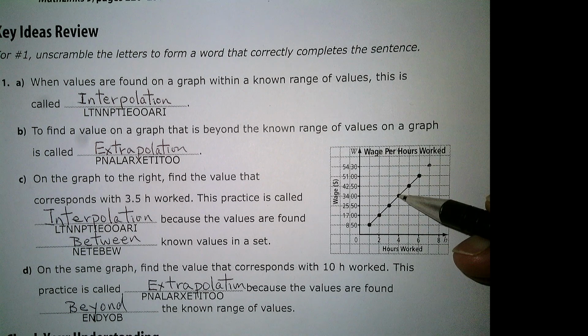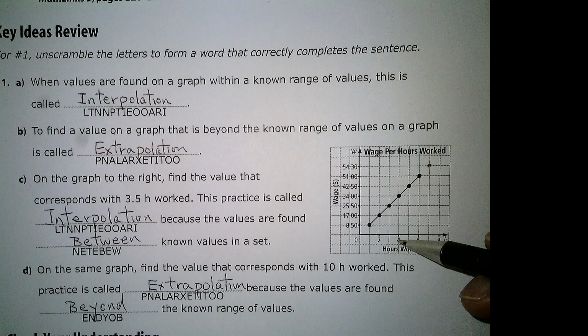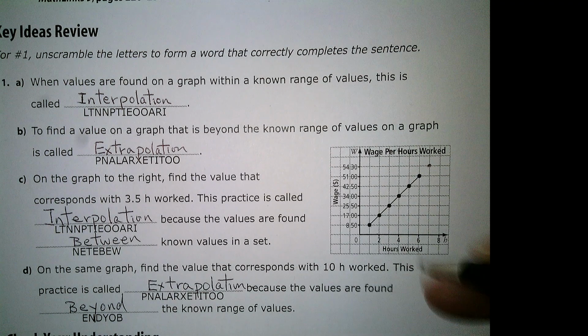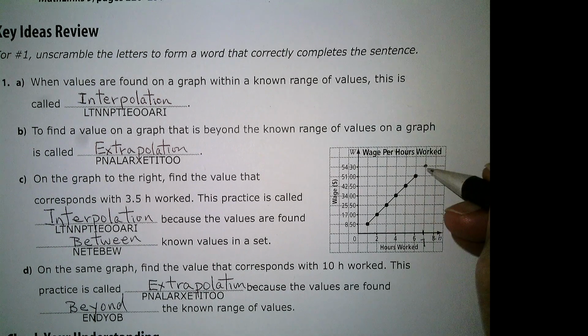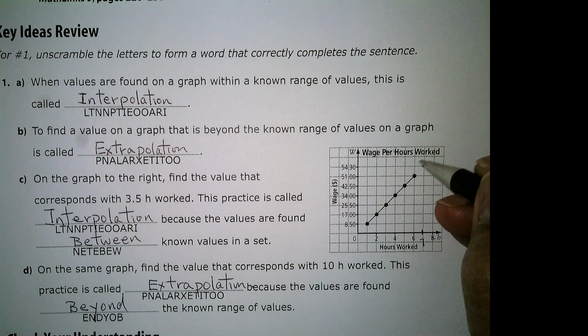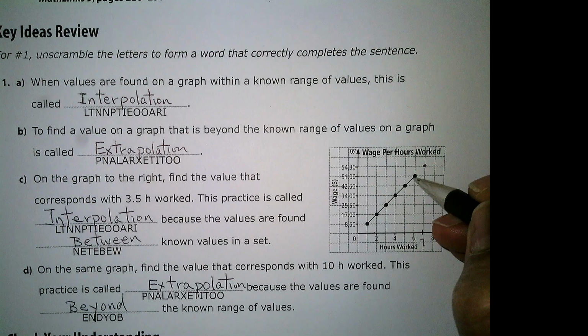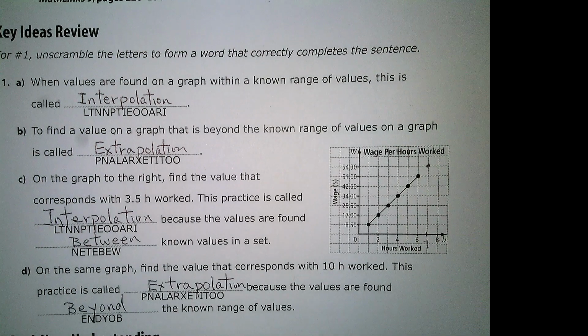That's called reading information, interpreting the graph. If the question asks how much the person makes at 7 hours, or 8 hours, then we're looking at information outside the given graph. Then we ought to be able to extend the line and apply the process called extrapolation.